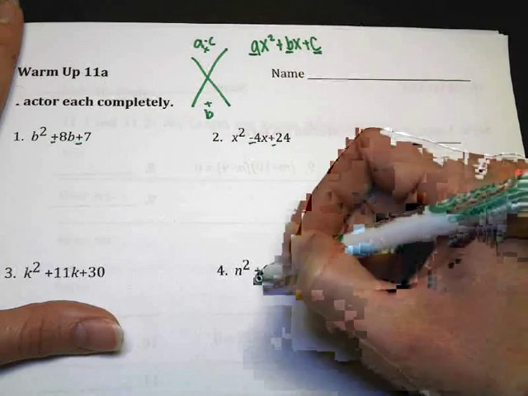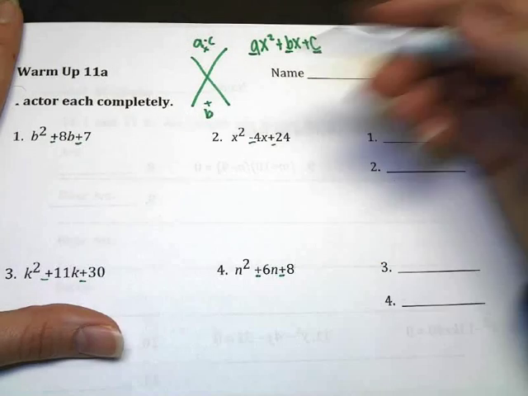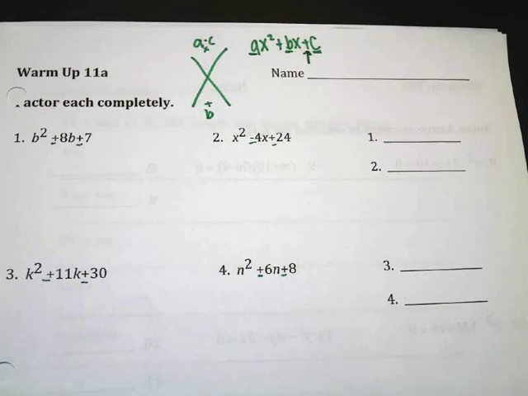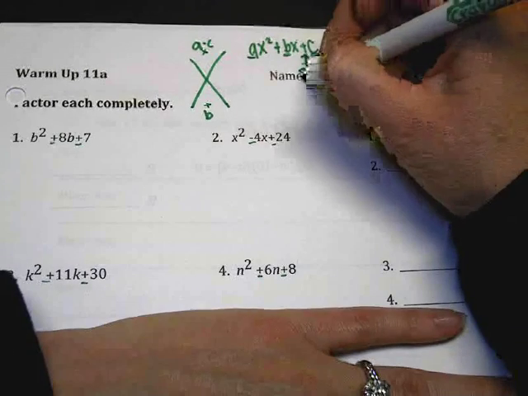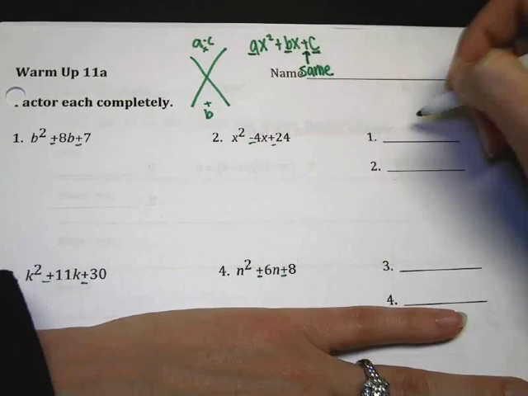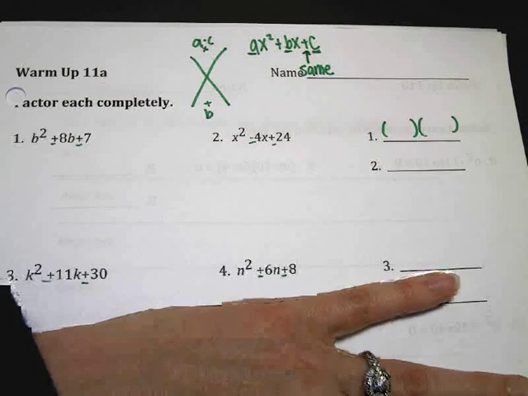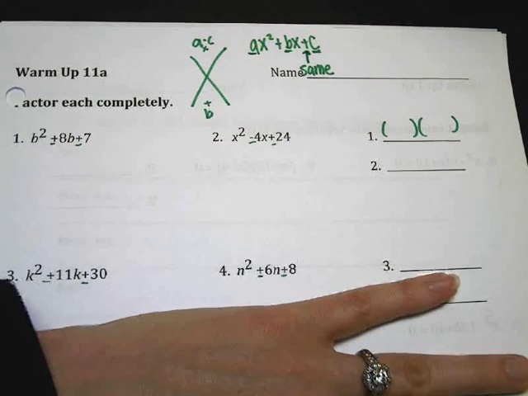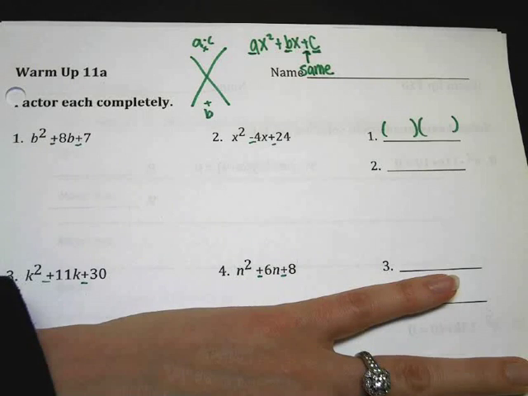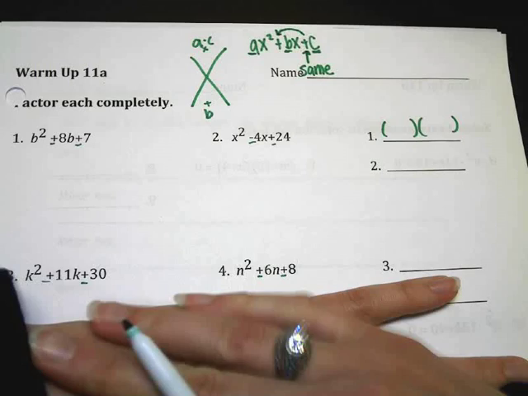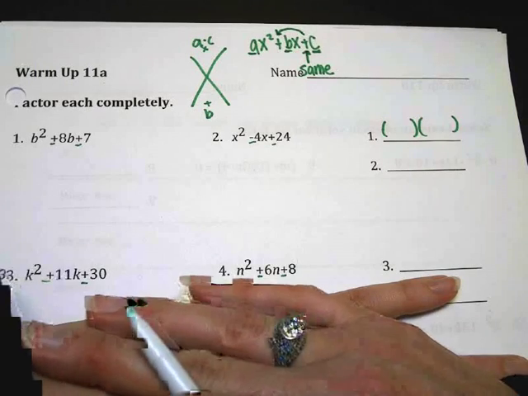When you look at all of these signs, let's say you look at the second sign first. If it's a plus, then it tells me that the signs are going to be the same in my parentheses. So they might both be positives, they might both be negatives, whatever they are, they're going to be the same. Then you look at the first sign, and it tells you what both signs are going to be.